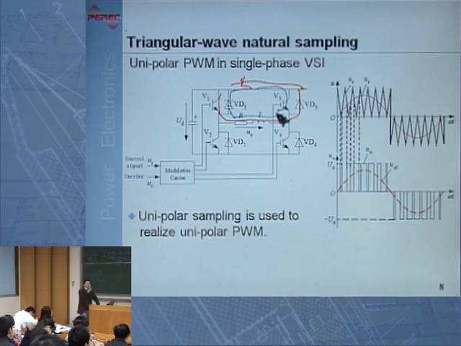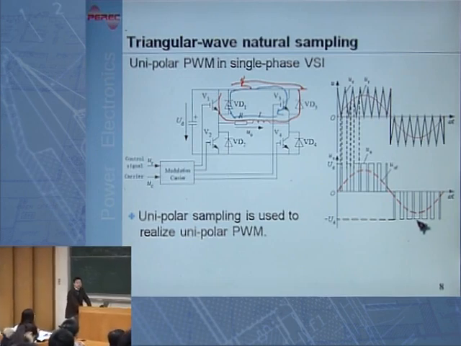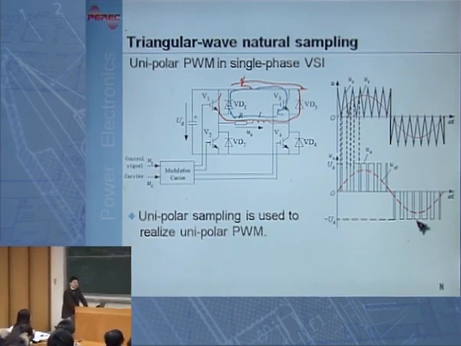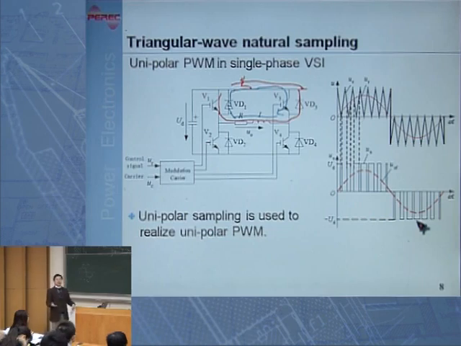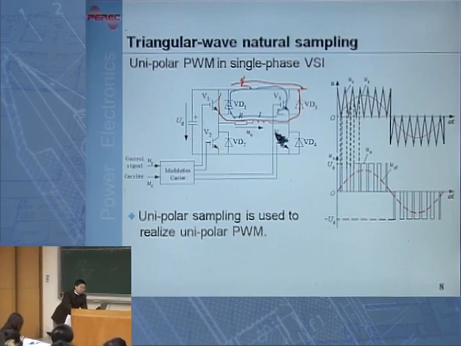So there are two ways to generate zero output voltage. But how do we generate negative UD? Well, of course, this is also clear. As long as I send turning on signal to V2 and V3 and turning off signal to V1, V4.